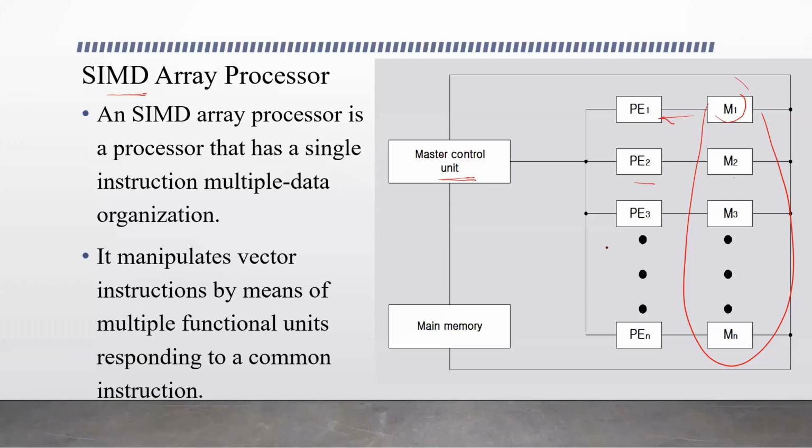Each processing element is connected to a local memory that provides the data for that processing, and all these processing elements work on a single instruction. As they all need a single instruction, we have a single master control unit that controls the operations.